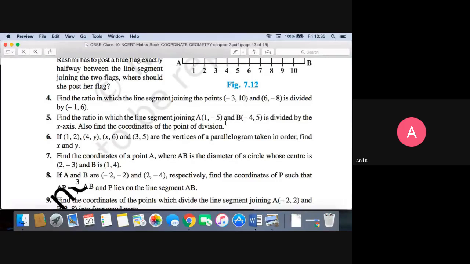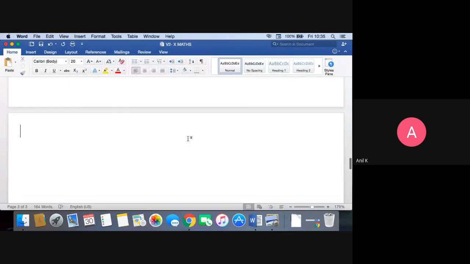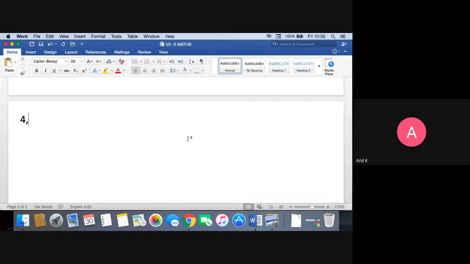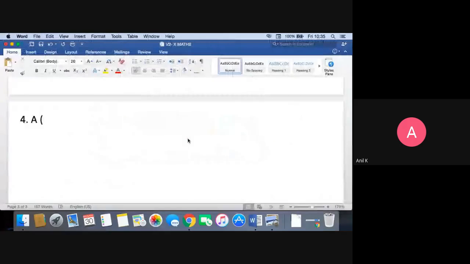Let me take the points A as 1 comma minus 5, and then B as minus 4 comma 5.